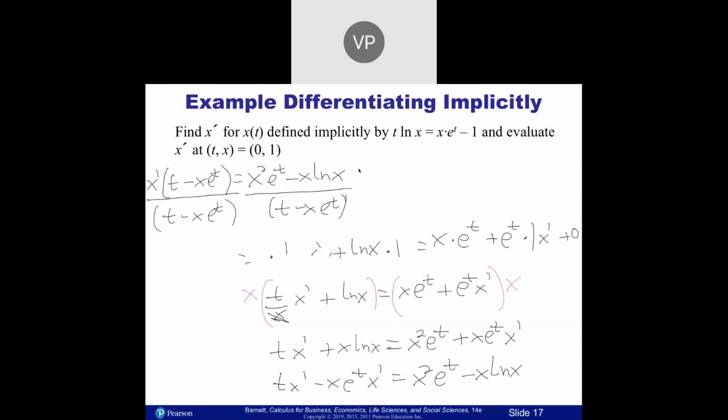What we're trying to do here is clean this up a little bit and get that x prime all by itself on one side. So now this cancels. We have x prime equals this big fraction: x squared e^t minus x natural log x, all over t minus x e to the t.